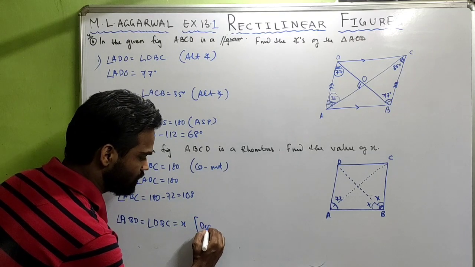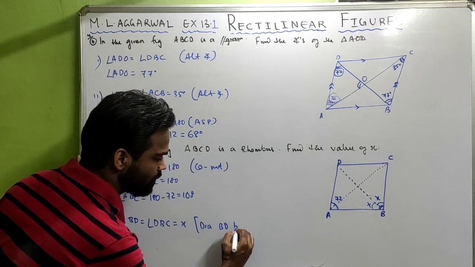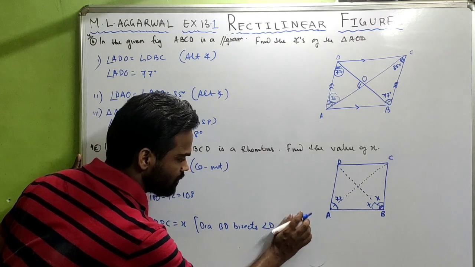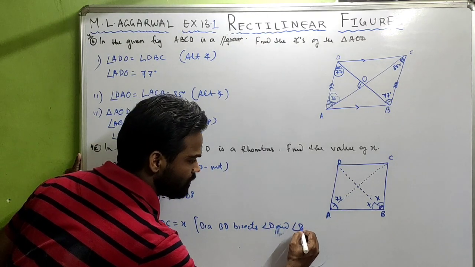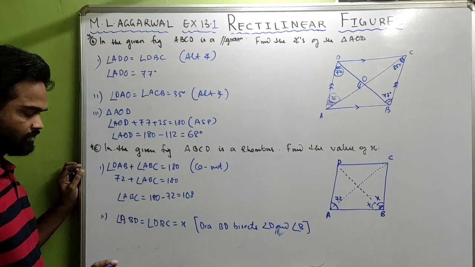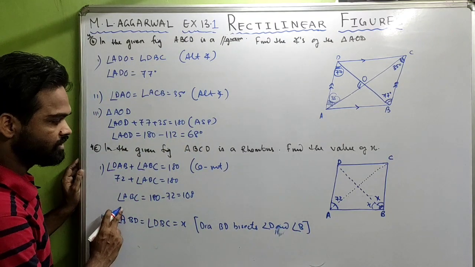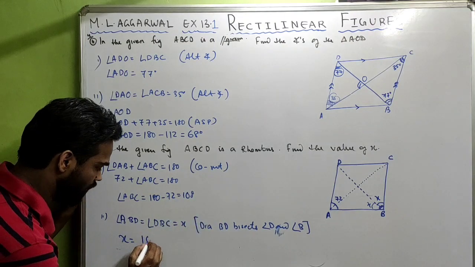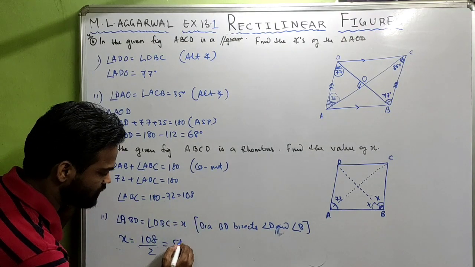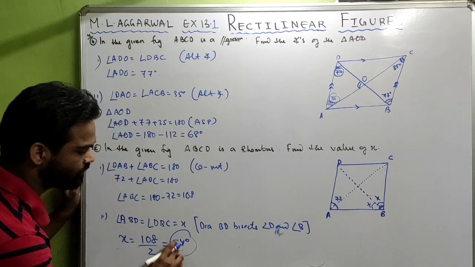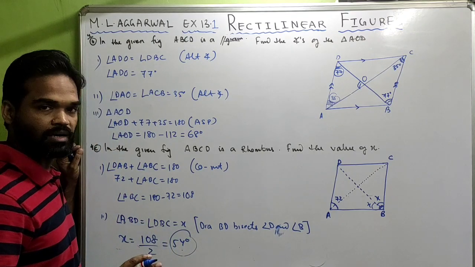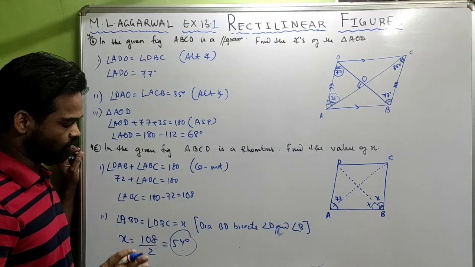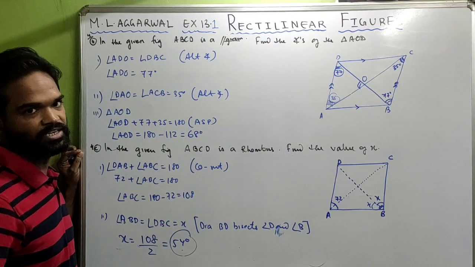Because diagonal BD bisects angle D as well as angle B, isn't it? Done. Which means ABC is 108, which means x will be half of 108, that is 54 degrees, isn't it? Clear? This whole angle was 108, so half of 108 is 54 degrees.